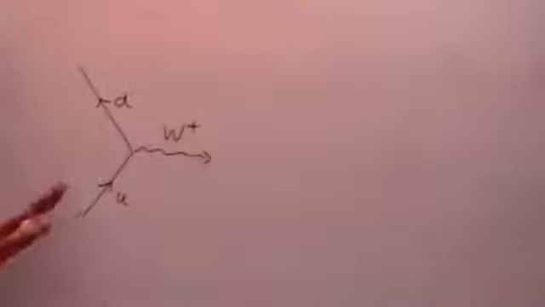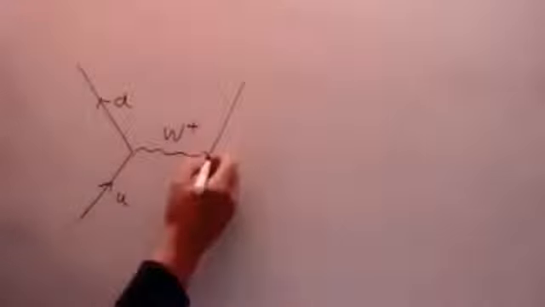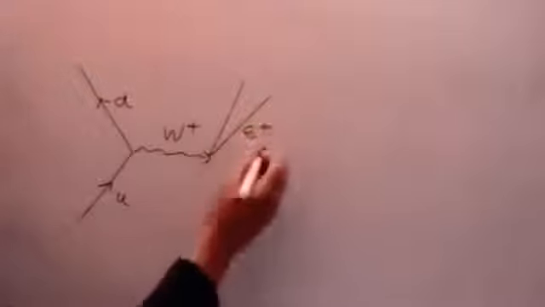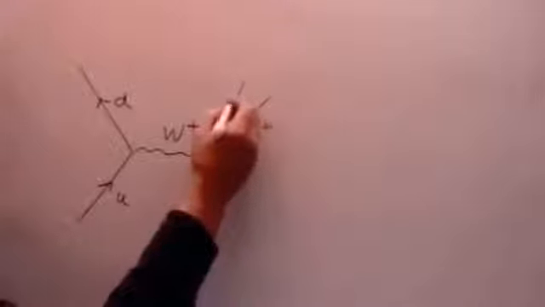In the Sun, precisely the same thing happens, except it's the other way round. Now we have an up quark changing into a down quark by the emission of a W plus boson, because it's now carrying away a positive charge. And that will then decay into a positron and an electron neutrino.